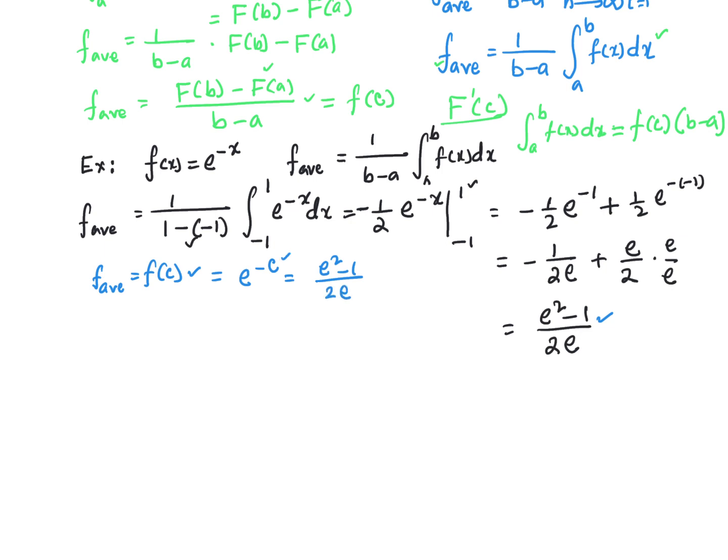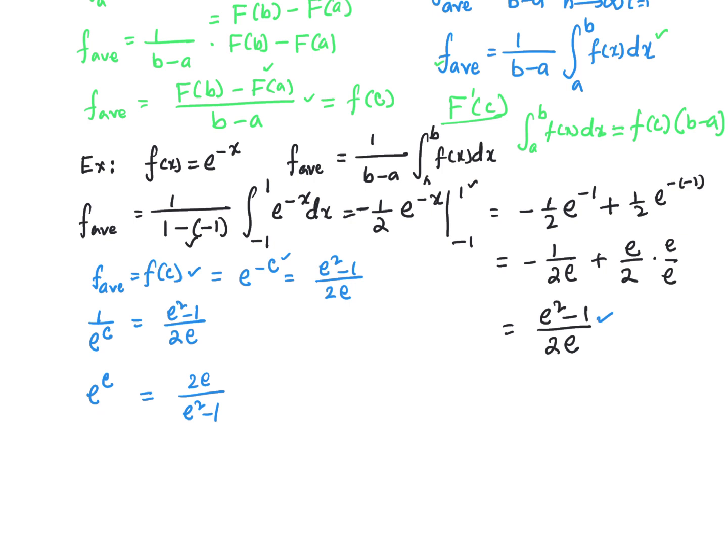But e to the power negative c is the same as 1 over e to the power c, which is equal to e squared minus 1 over 2e. And if I take the reciprocal, I get e to the power c is equal to 2e divided by e squared minus 1.